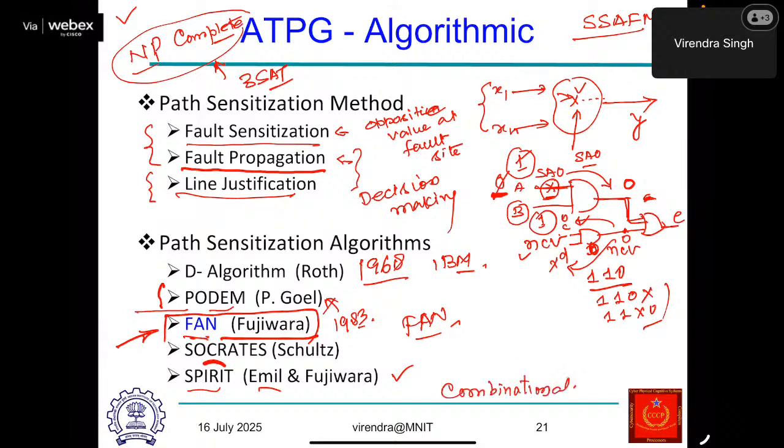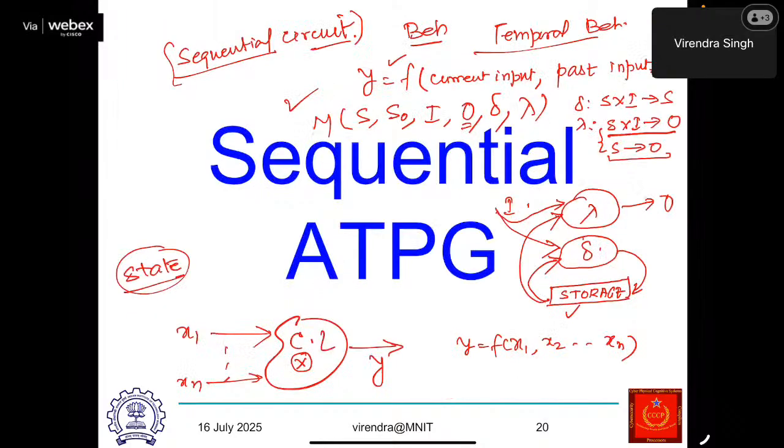Now the question is what to do with a circuit that is not purely combinational. This block lambda is combinational logic, and delta is also combinational logic, because we can define all the possible inputs and find out the output for those inputs.